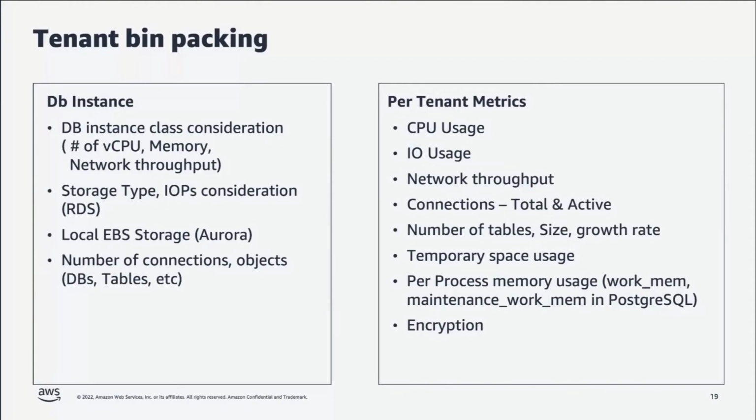The instance class you're provisioning comes with a number of vCPUs, memory, networking, etc., and the storage type and IOPS. That typically applies to RDS PostgreSQL and MySQL engines, but for Aurora there's no limit on IOPS. In addition, the total number of connections and the total number of objects, such as databases, schemas, tables, etc., all come into play when you are talking about the number of tenants you'd like to bin pack into your instance.